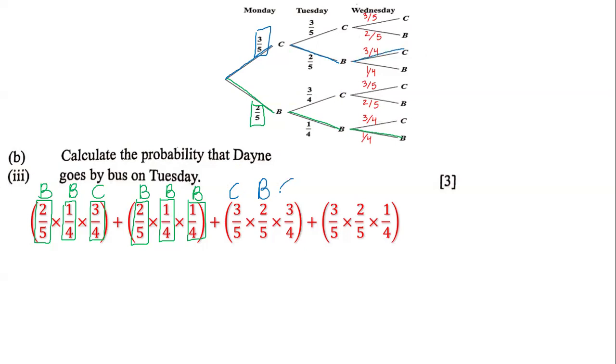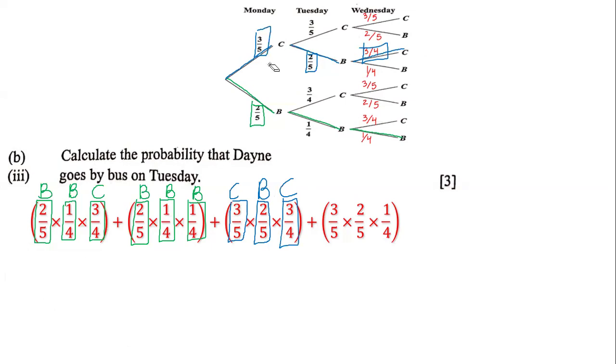So it's car, bus, car. So it's going to be 3/5 for the car, 2/5 for the bus, and then 3/4 for the car again. So that's another way it can happen. In any event, he still took the bus on Tuesday.